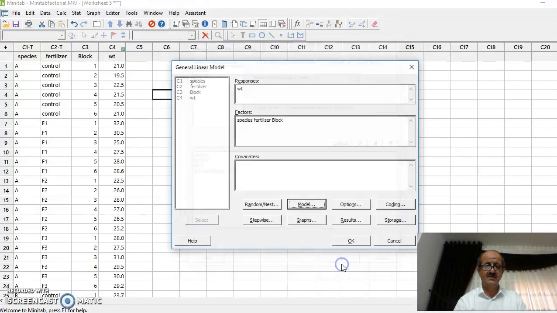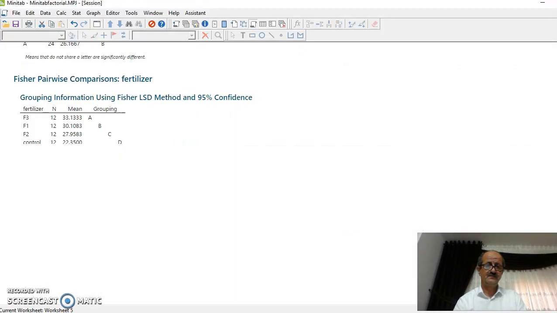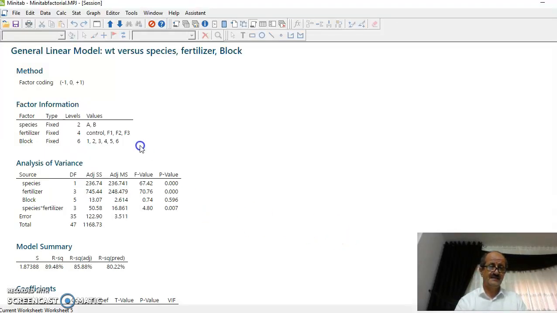Here is the analysis. Again, we have 3 factors now, but the interaction is only measured for species and fertilizer. So the design now is a block design. We have the block in the ANOVA, but the block was not significant.